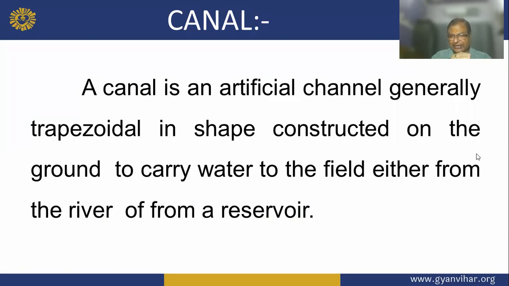The canal is on the ground to carry water to fields either from the river or from a reservoir. One end is connected to the canal from the reservoir and the second end is connected to the farmer fields.